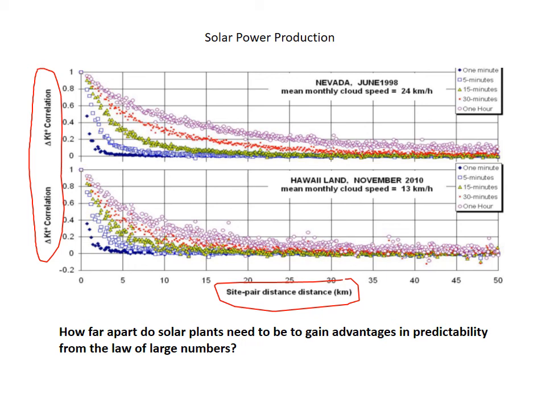So what this is basically saying is that the closer to zero you are on the x-axis, the more correlation there is up here on the y-axis between the output from solar power plants. And so to really take advantage, to get to lower levels of correlation, you have to build things further away from each other. This can be a challenge. But when you're talking about distributed solar, I think there's a huge opportunity for utilities to make things easier on themselves by taking advantage of relationships like this.